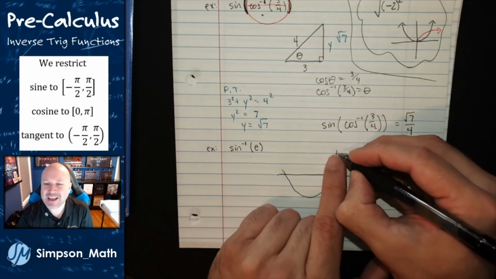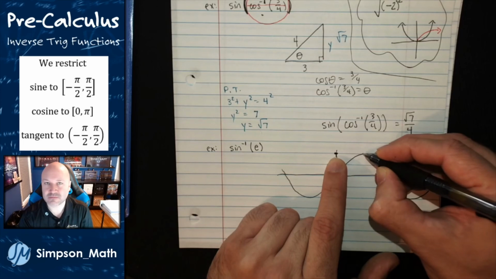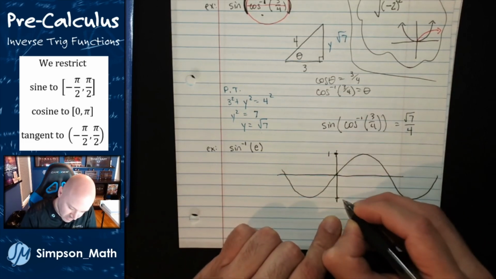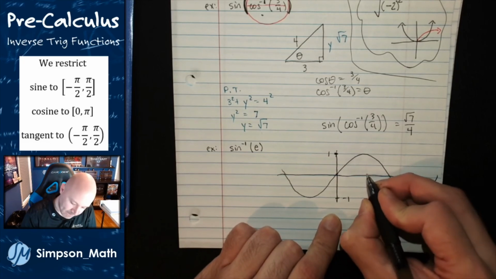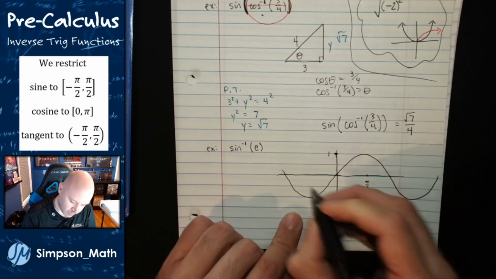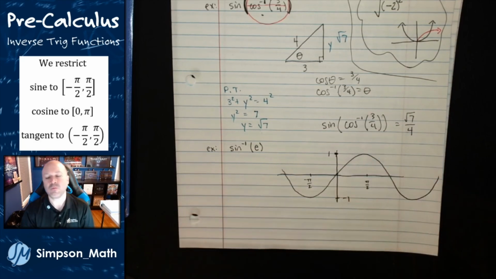What is the highest number sine ever touches? 1. The lowest number, -1. So this is asking, what angle of sine spits out a number that's really close to 2.7?